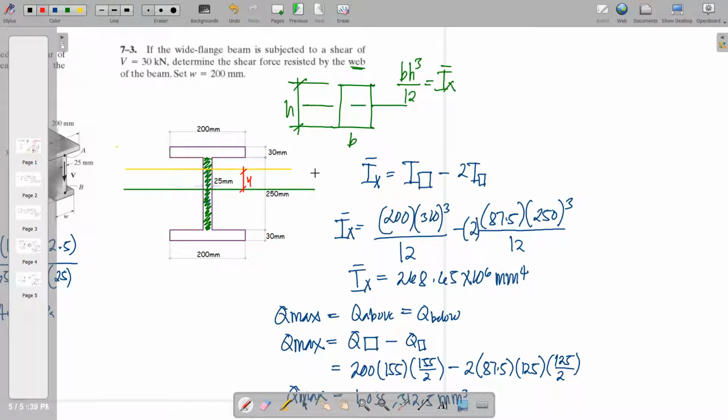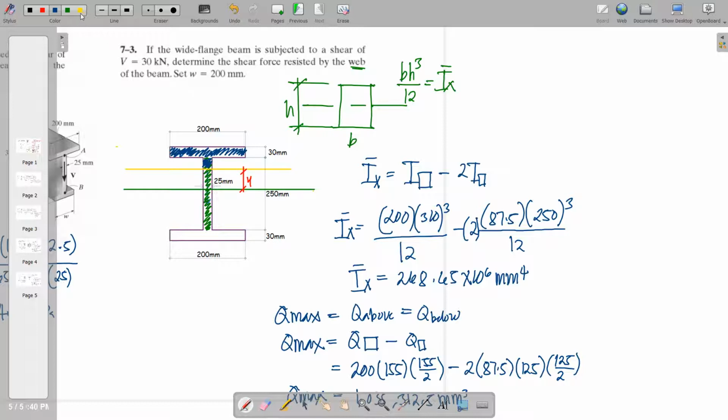So we label that as y, and then all of the portion above this shall be considered as an area. So we shade that portion, say the blue portion above that line.